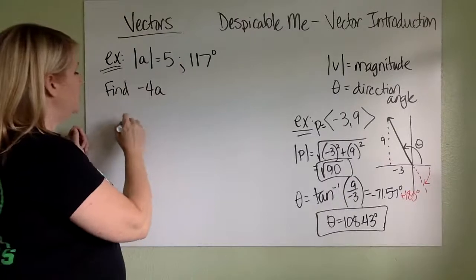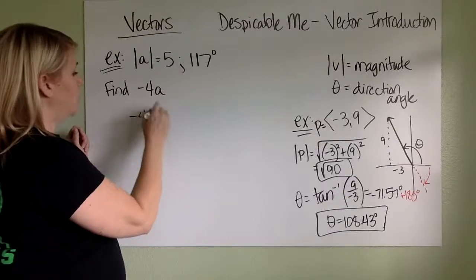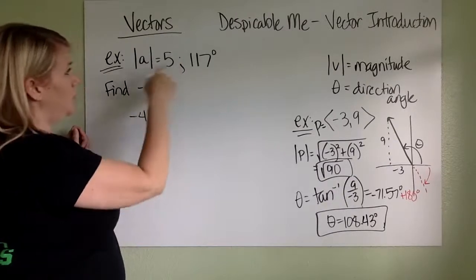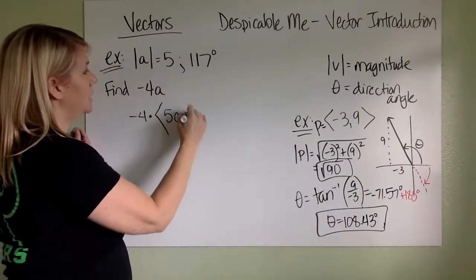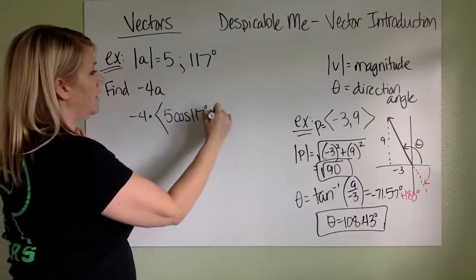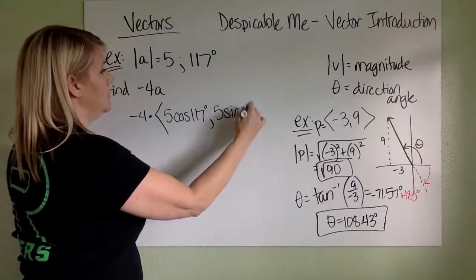So the component form of negative 4A looks like negative 4 times the component form of A. The component form of A would be 5 times the cosine of 117, 5 times the sine of 117.